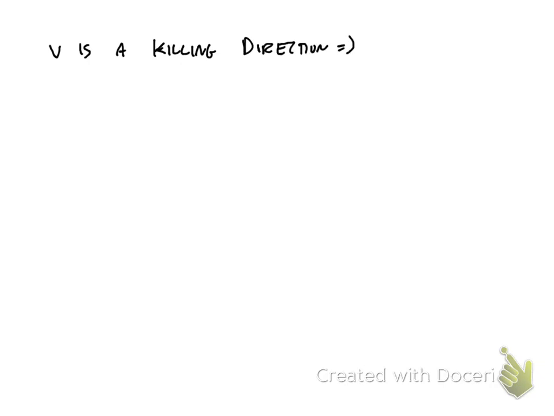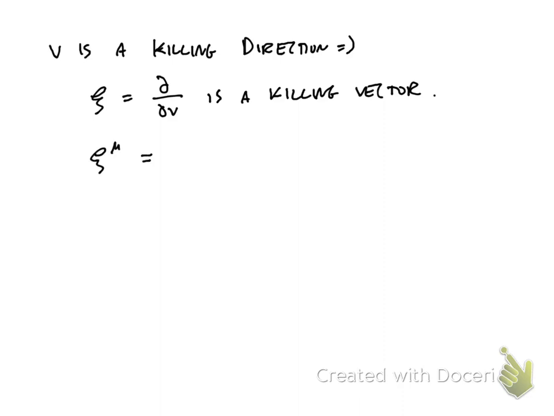So the vector zeta, which is d/dv, is a Killing vector. Let me write down the components of zeta explicitly. Zeta equals d/dv means that its upper component in the v direction is 1 and its component in the r direction is 0.